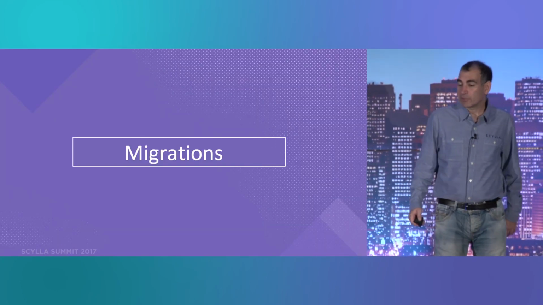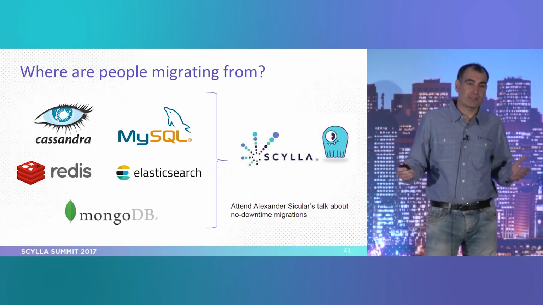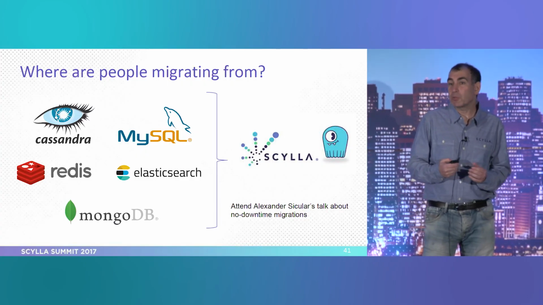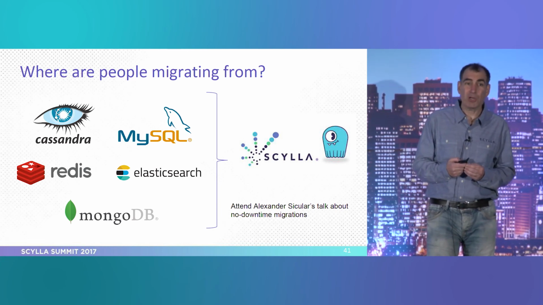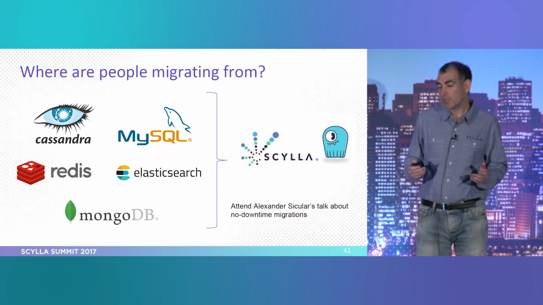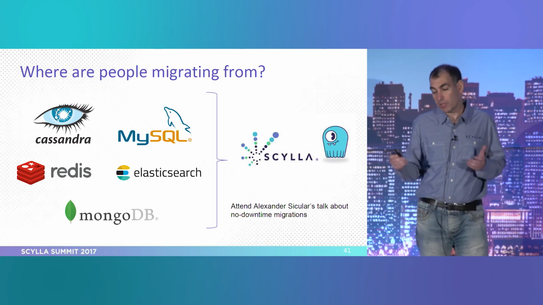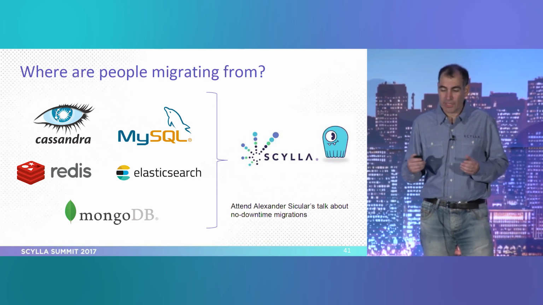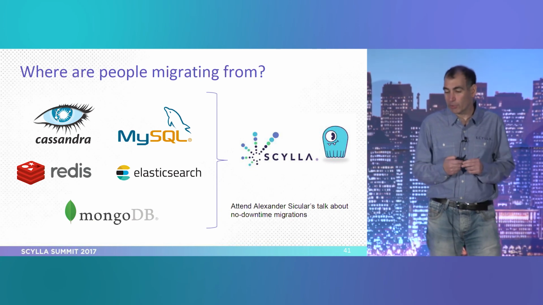Okay, I'd like to talk about migrations. As we started as a Cassandra rewrite, naturally, we saw a lot of migrations from Cassandra, but recently we've started seeing migrations from different databases. So we've seen migrations from Mongo, Elasticsearch, which we'll see a talk about, Redis and MySQL, and I think even more.